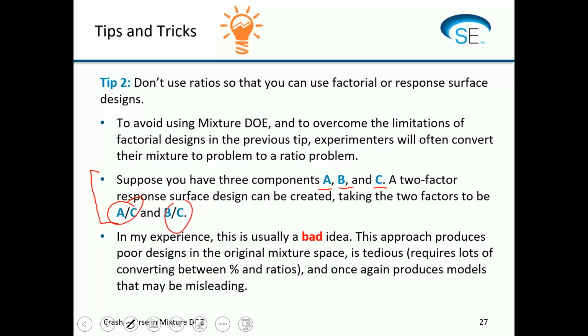I also find this to be tedious. It requires converting between percentages and ratios, and once again, I don't like it because it may produce models that are misleading. Now a caveat here is, if you're doing a problem where you really care about the ratios, meaning you think the ratios are driving the response, and it makes sense naturally, scientifically or from an engineering point of view to look at ratios, then it's perfectly fine to use ratios.